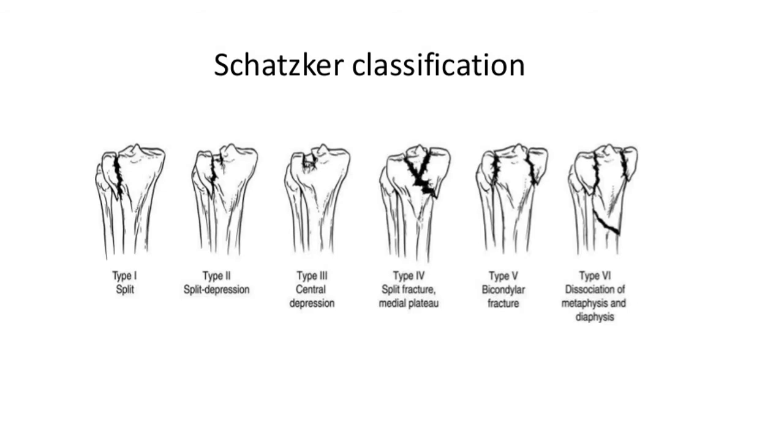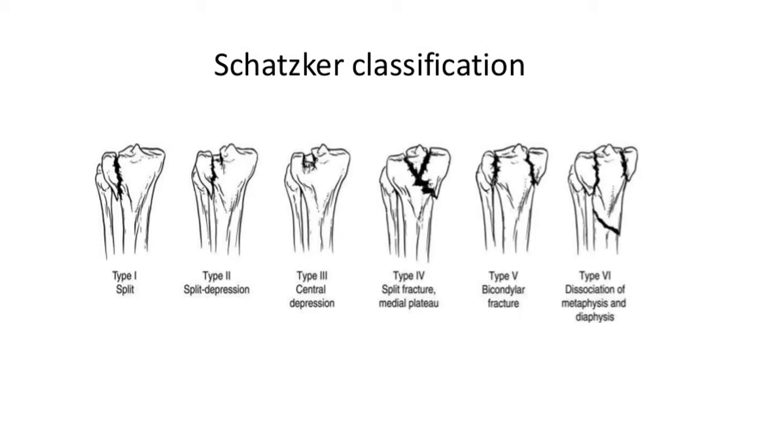To classify proximal tibia fracture, we use the Schatzker classification. Type 1 is a split of the lateral tibial plateau. Type 2 is a split of the lateral tibial plateau with articular depression.